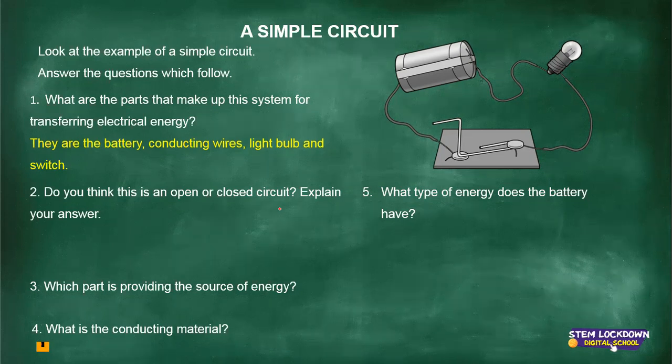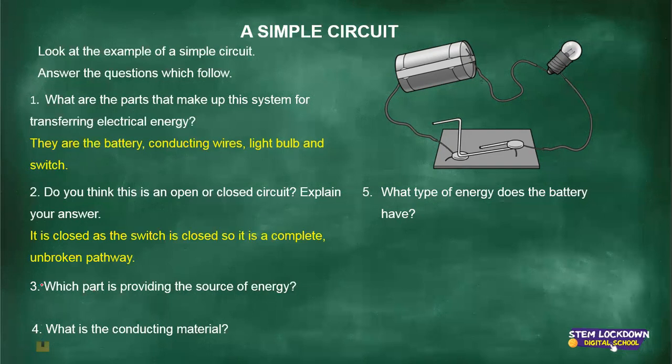Very good. So if it's open, the energy wouldn't pass through the wires. So an open circuit depends on the switch. And then a closed circuit allows the energy to pass through, to flow. Very good. Well done. Okay, so I'm going to give you the answer.